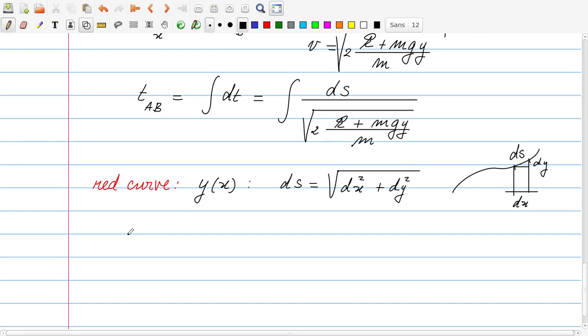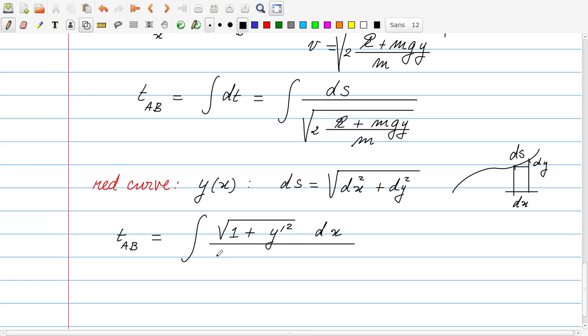So if we then use this in this expression where we see that the ds is featuring, we obtain the following. We have the square root of 1 plus (dy/dx) squared, I just take the dx outside of the bracket, and I can write that as y primed squared.